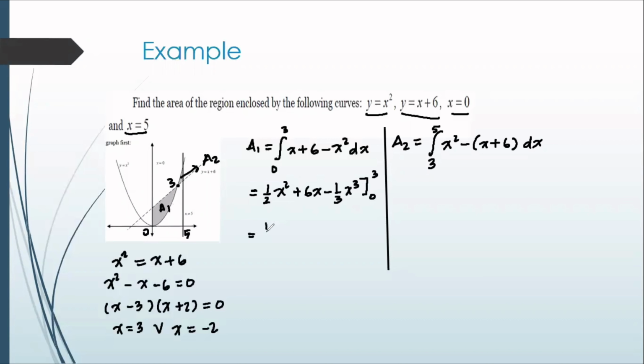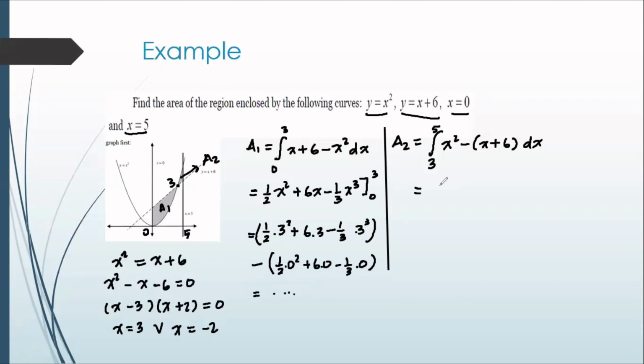So that means you have a half times 3 squared plus 6 times 3 minus 1 per 3 times 3 cubed, minus a half times 0 plus 6 times 0 minus 1 per 3 times 0. I will leave it for you to calculate.